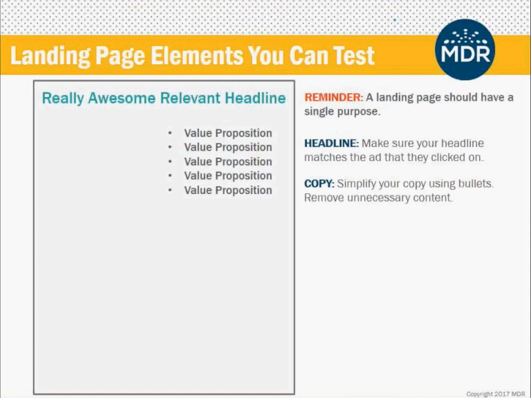Other thing to be thinking about is value proposition, okay? Does simple copy work over longer copy on your landing page? And honestly, in my opinion, it depends on what you're trying to do. If you're trying to get a quick download, or some type of quick action, bullet point short typically works. If you're trying to set yourself up as some type of thought leader or subject matter expert, longer copy typically works, okay?